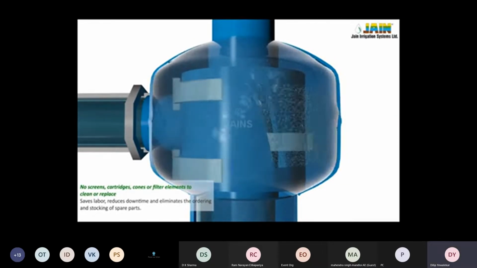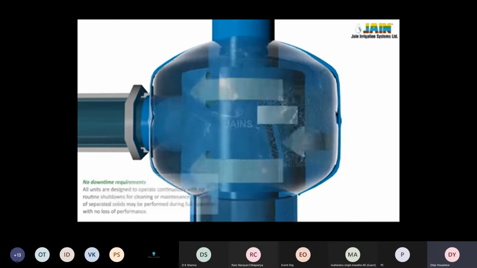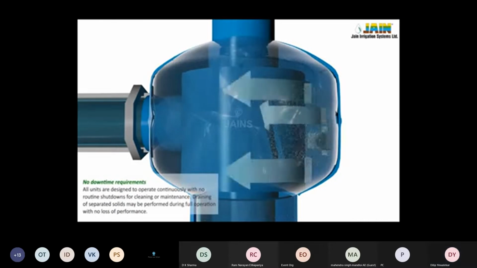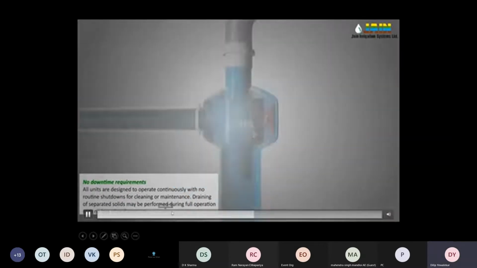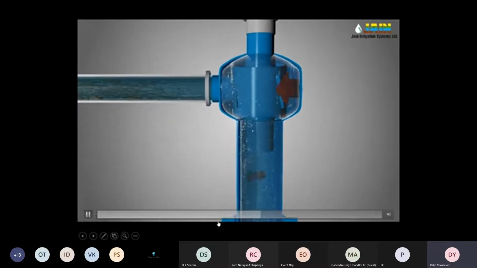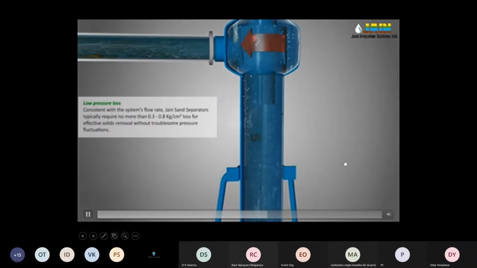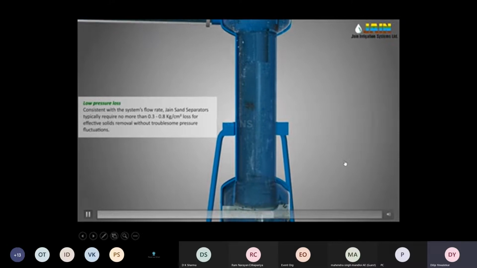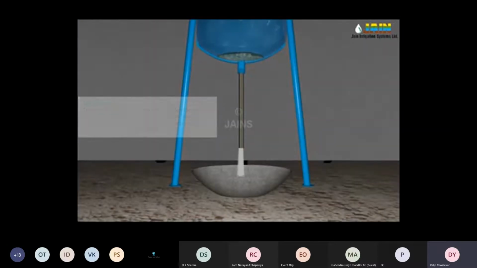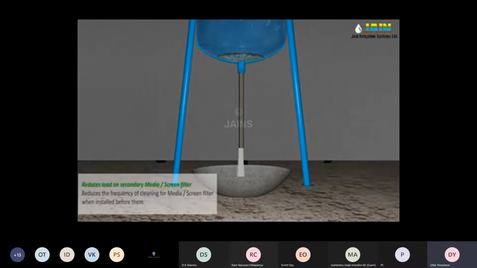You can clean the filter by opening the simple valve located at the downside. So here you can see the black particles settled at the bottom, and you can clean this filter just by opening the valve. Very simple to clean.